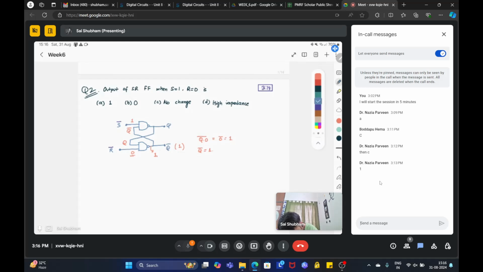If S is 1, then this will be 0. If S equal to 1, R equal to 0, then this will be 1. So in that case, Q will always be 1, and this output will always be 0.